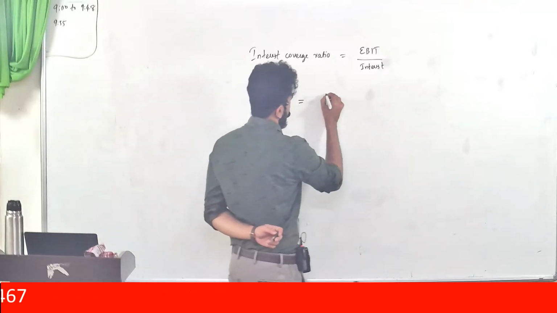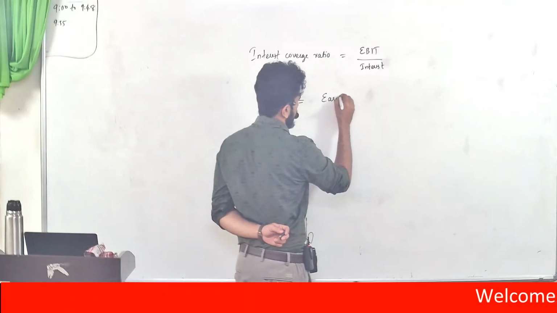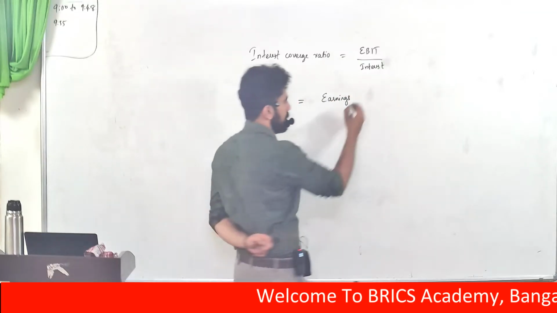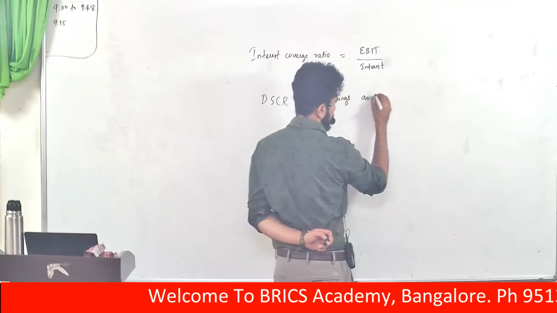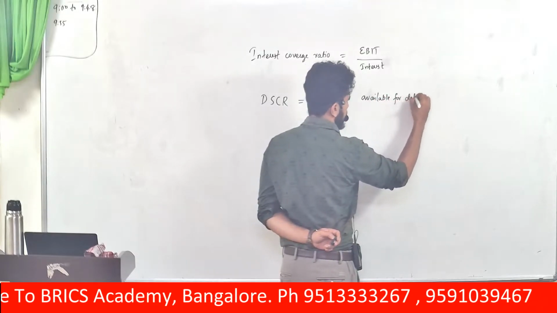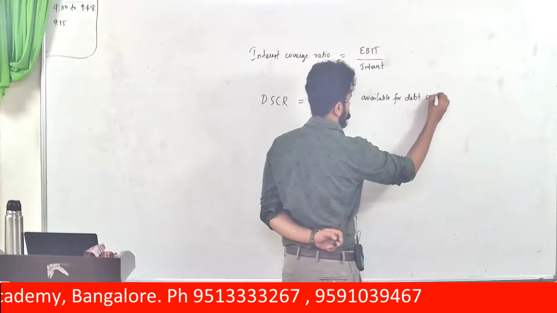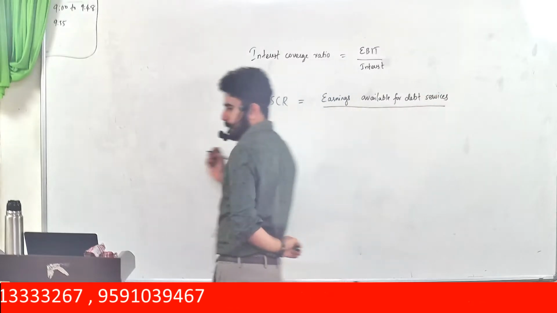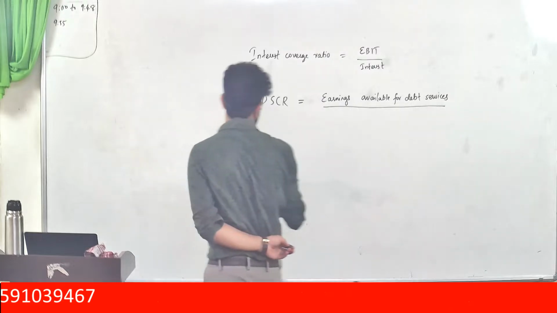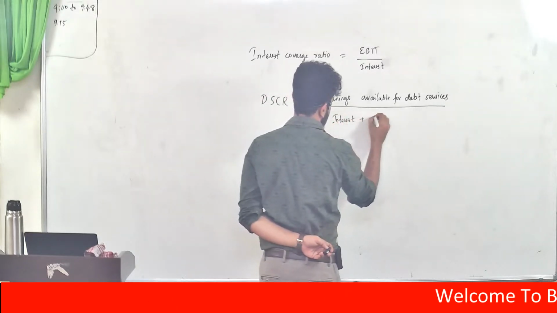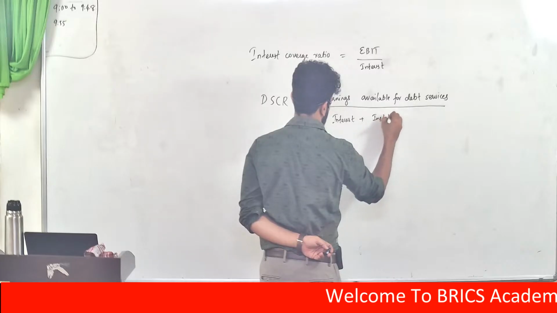Let's write the formula. Earnings available for debt services divided by interest plus installments.